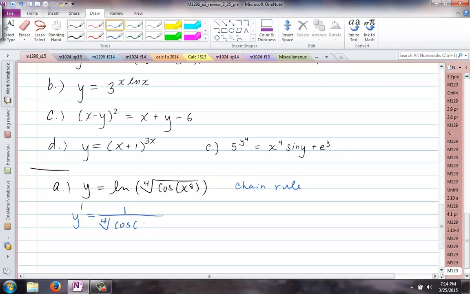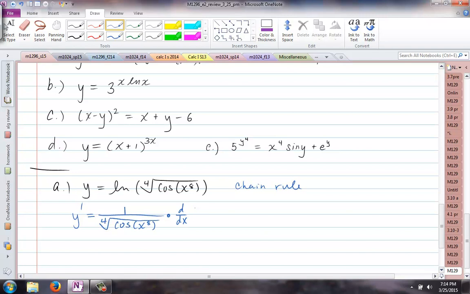And try not to get overwhelmed by the fact that that thing's super complicated. We're just doing this initial step. And then now comes a time where we have to worry about that a little bit and say, we need to take the derivative of the inner function. So the chain rule says to take the derivative of the outer function, evaluate the inner function, times the derivative of the inner function.